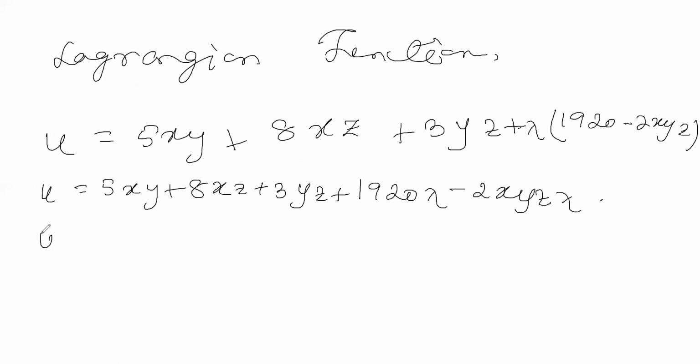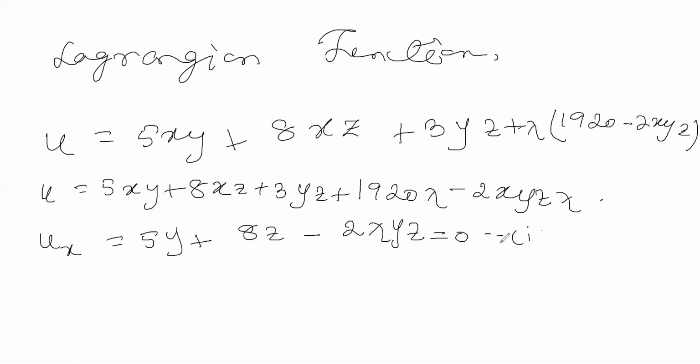Now over here, ux, if we differentiate with respect to x, we get 5y plus 8z minus 2 lambda yz, and set it equal to 0, equation number 1.